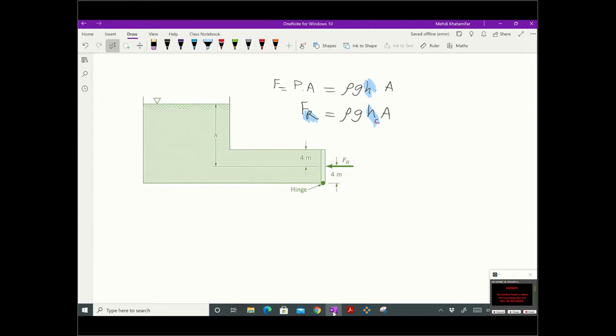What is 4 over H? Well, this would be H. You need moment about the hinge, right? That was before getting H. But where did you find the magnitude?